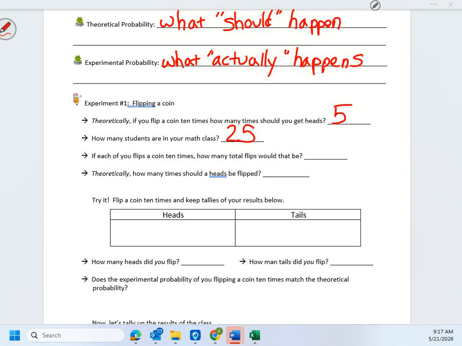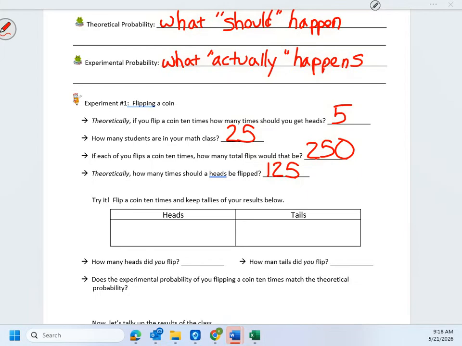Rhoda? 250. 250 flips. Theoretically, how many times should heads be flipped? Rhoda? 125. Yeah, half of the total would be heads, the other half would be tails, right?